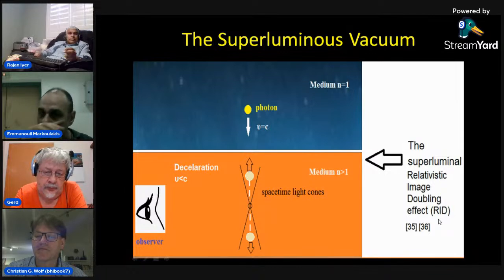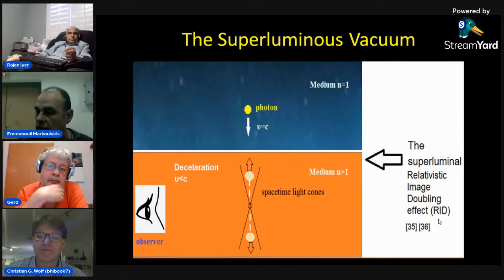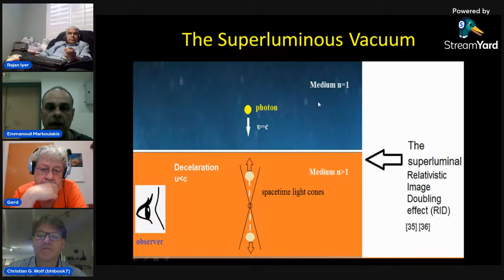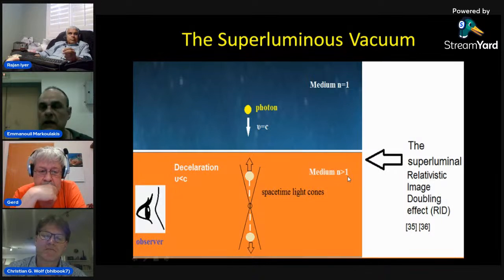So when is this phenomenon happening? We have a medium with a refraction index of 1, so it's a vacuum actually, and the photon enters a material which has a refraction index larger than 1, so it's slowing down light.